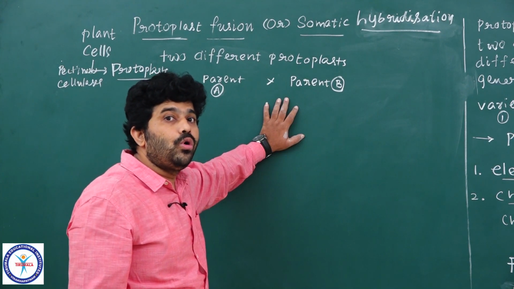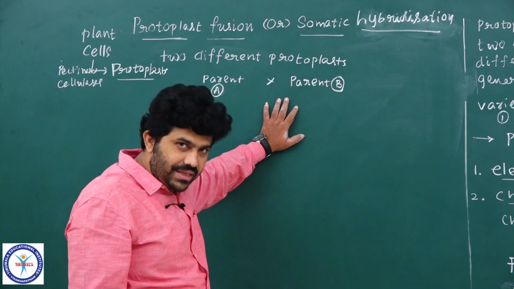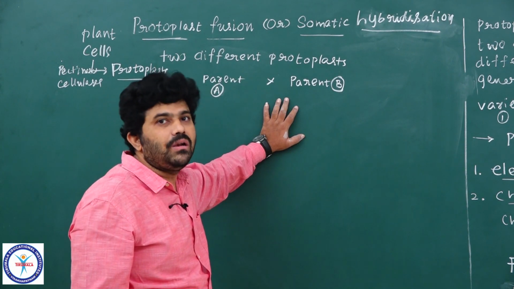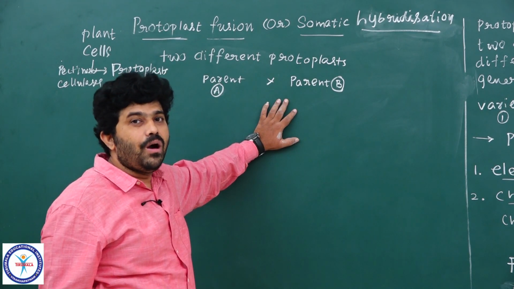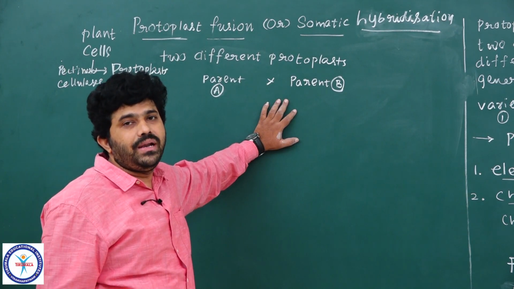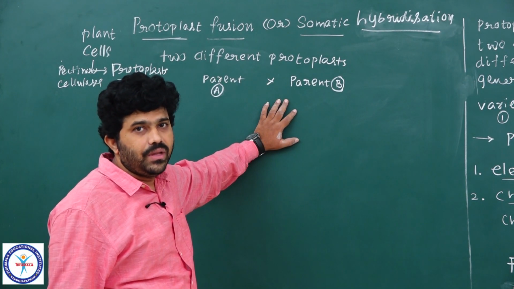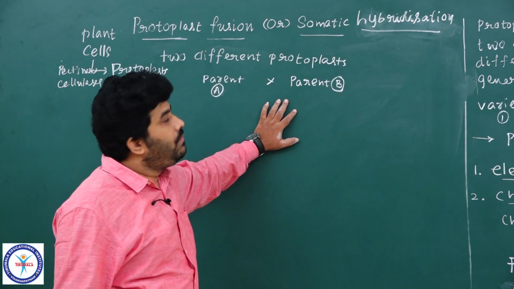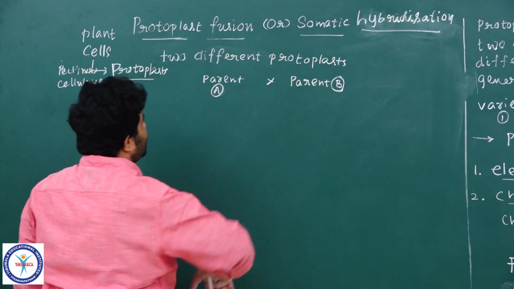Understood? In whichever crop we see more of the required characters, those plants only we select. Already you saw in plant breeding how we select the parents among the different crops and their varieties present in our locality, or in our crop field we select some plants as parental plants.